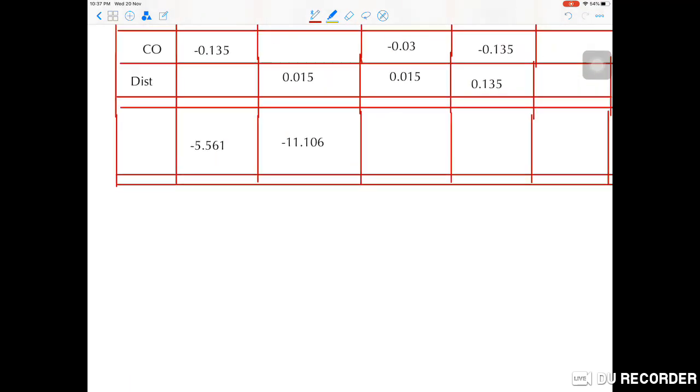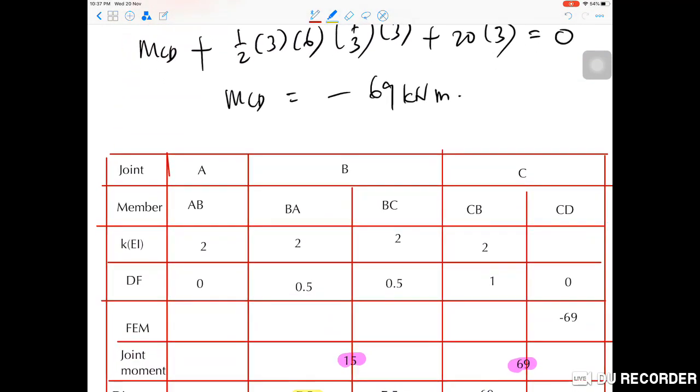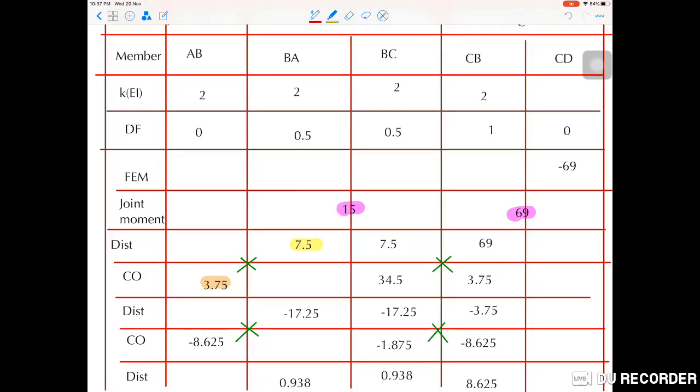Okay, for BC, we start with 7.5. It is 7.5 plus 34.5 minus 17.25 minus 1.875 plus 0.938.